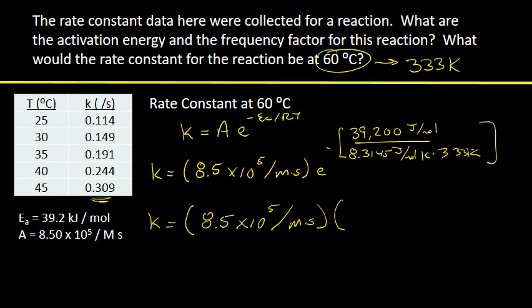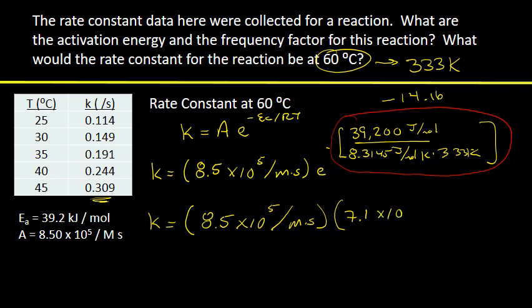And this whole collection of things up here, check all the units. The units cancel out, and this whole thing gives us negative 14.16, and e to the negative 14.16 is 7.1 times 10 to the minus 7.